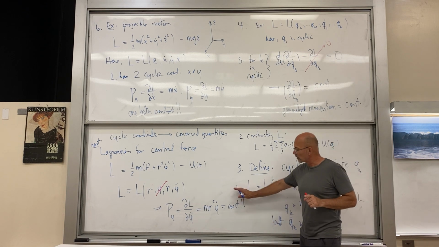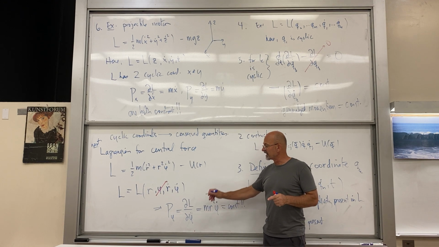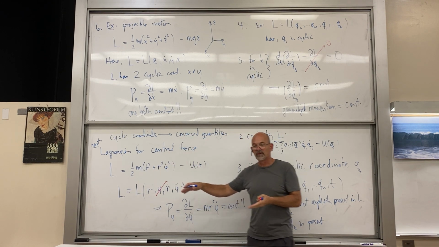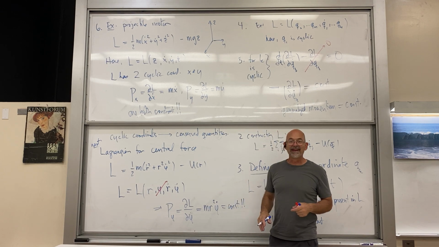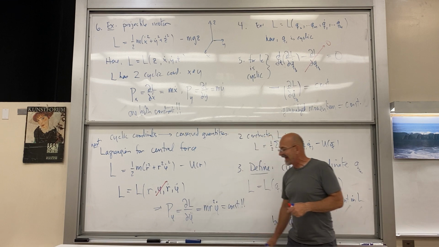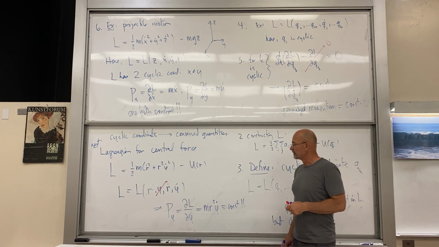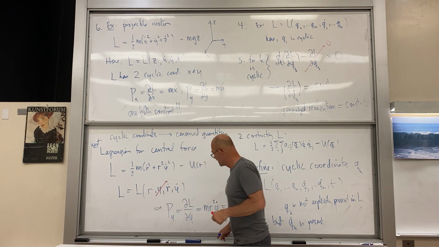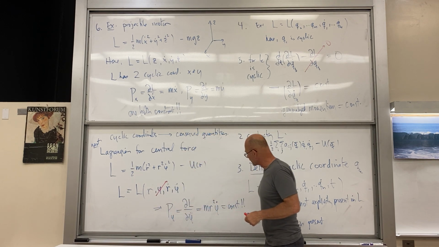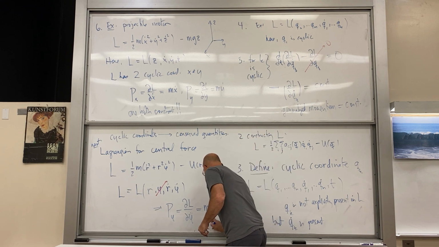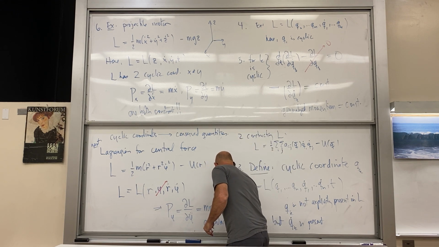Of course, we knew what it was originally. In order to put the plane polar coordinates in play, we had to know that the angular momentum is conserved. And this, in fact, is the angular momentum. But the point is that a Lagrangian of this form immediately has this quantity being conserved, and it turns out to be the angular momentum in this case. So angular momentum.